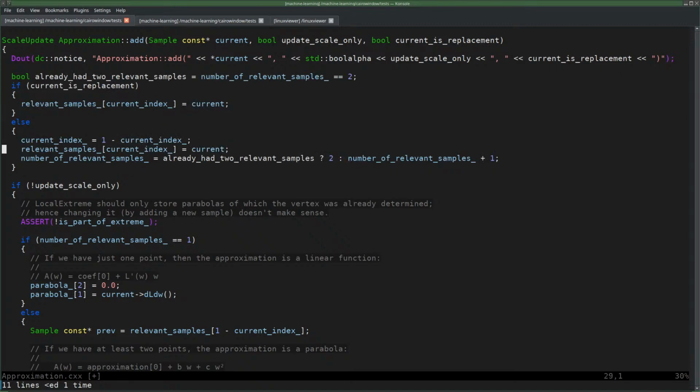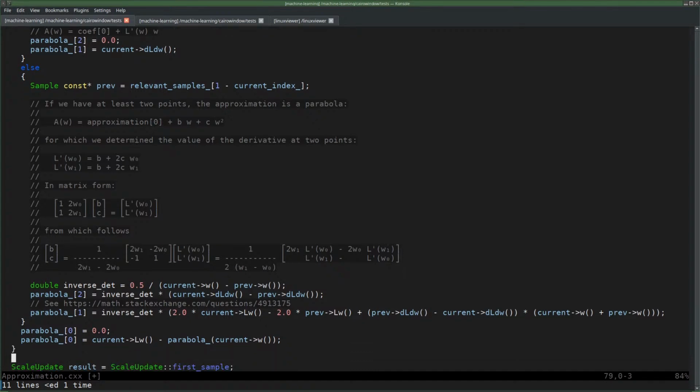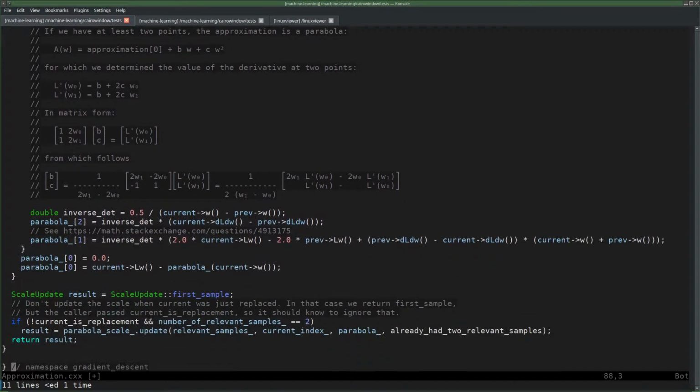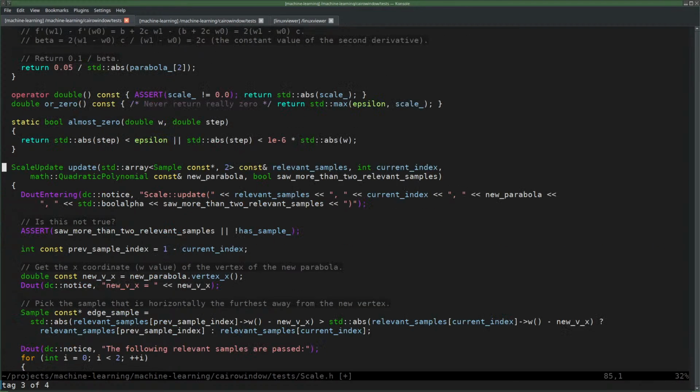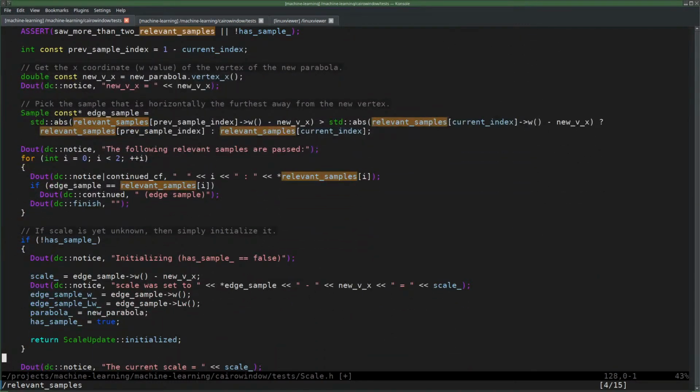Okay, now the new value is put into relevant samples. And then this is skipped, and then update is called with the relevant samples array, which now contains that new sample.